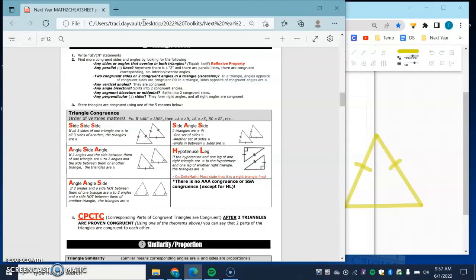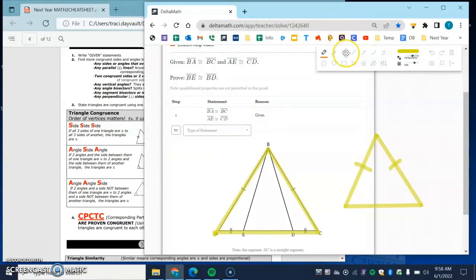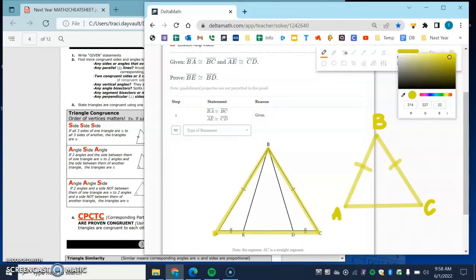And whenever there's a triangle, angles opposite of congruent sides are congruent. Or going the other way, if there's two congruent angles in one triangle, the sides opposite from them are congruent. So if we're looking just at this yellow triangle here, which is triangle ABC, since we have two congruent sides, what two angles are across from the two congruent sides?